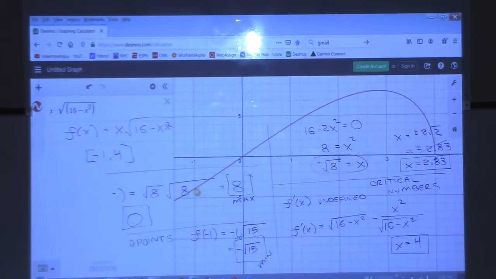So right here, -1. Right, and is that right? Yeah, that's negative root 15. See that negative 3.87? That's negative root 15. That happened at -1, and then we have a max up here at 2.828, which is what we got, right? And the max value is 8.